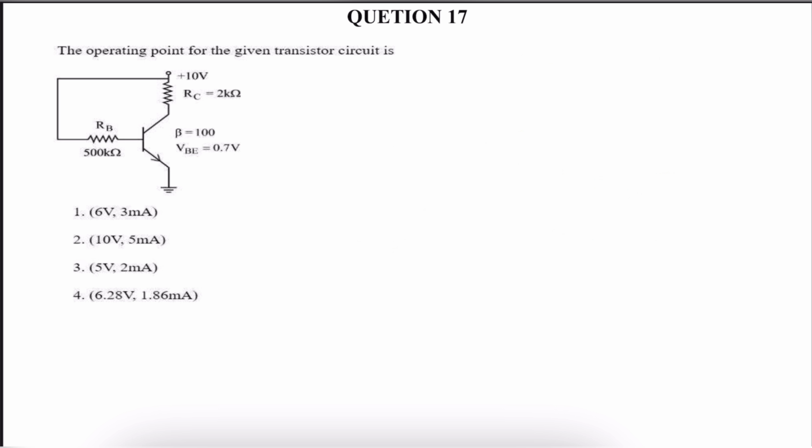Next question. The operating point of the transistor in the circuit. Given a fixed bias circuit.